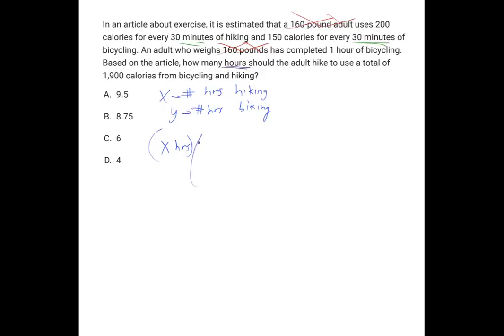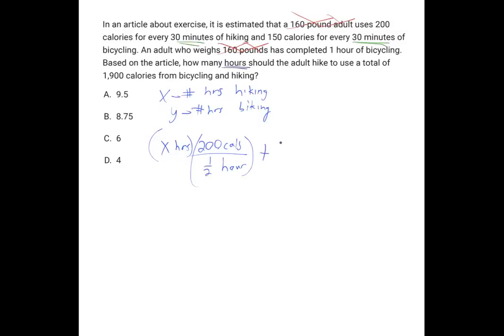So let's say 200 calories for every 1/2 hour of hiking. Remember, we're going to be dealing in hours here to deal with the conflicting units. So instead of 30 minutes, we put in 1/2 of an hour.